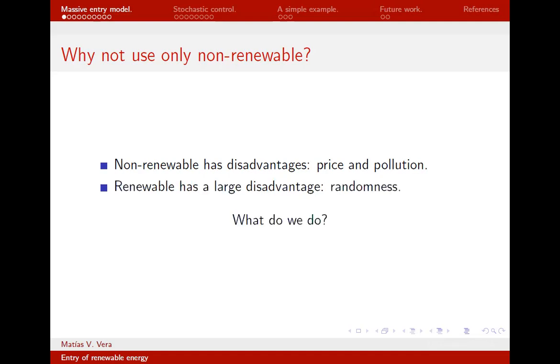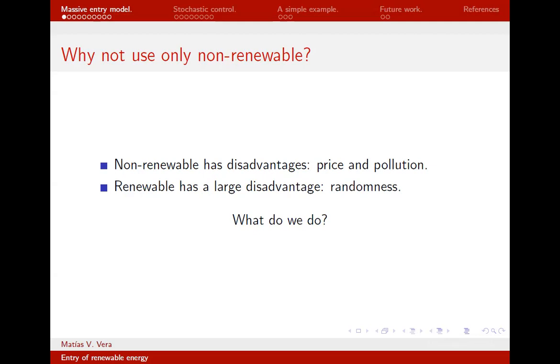The answer is that renewable has a large disadvantage, which is randomness. You don't really know how much energy you're going to get in a day, okay? If you have a cloud above the solar panel, you don't produce the same energy. If the atmosphere is not the one you expect, you don't have the certainty of how it's going to behave, okay? So what do we do in this case?